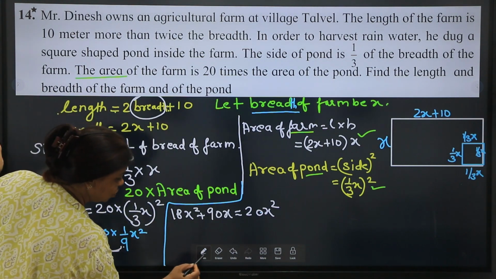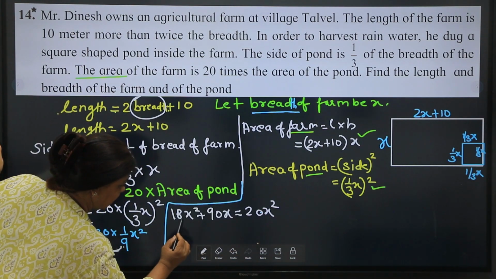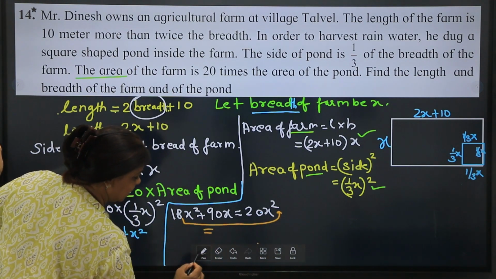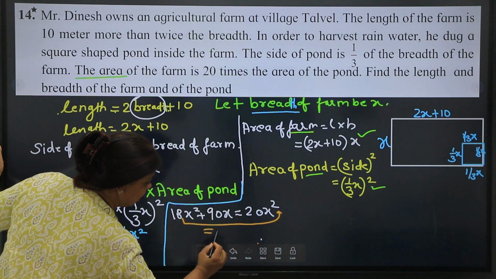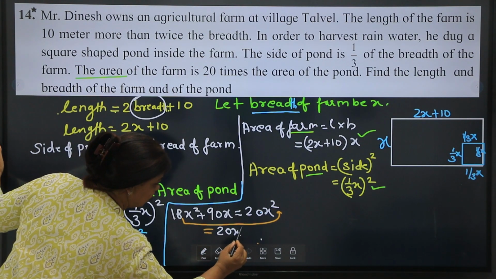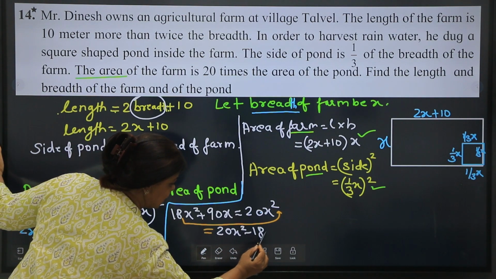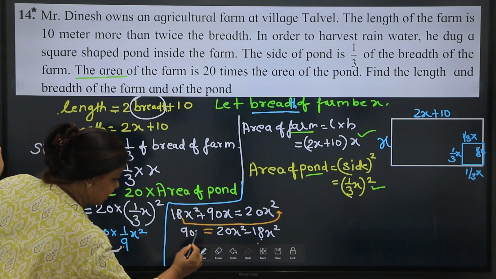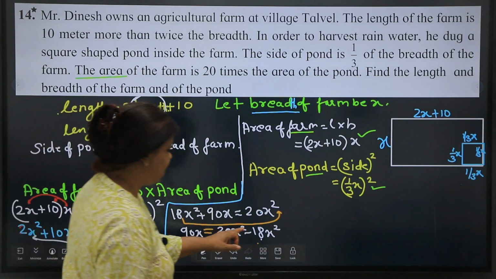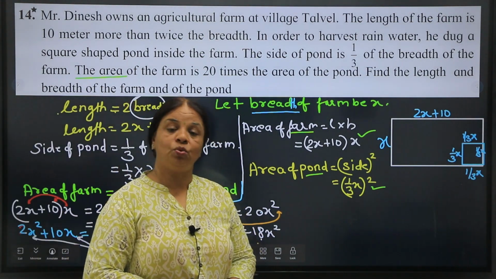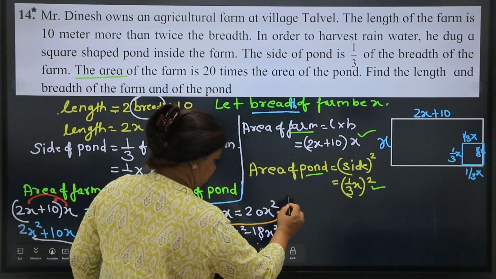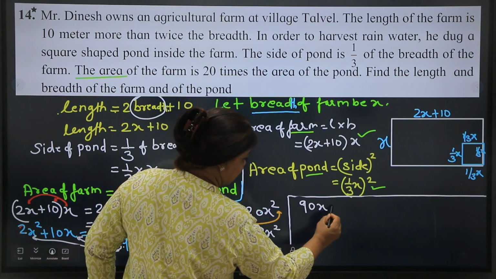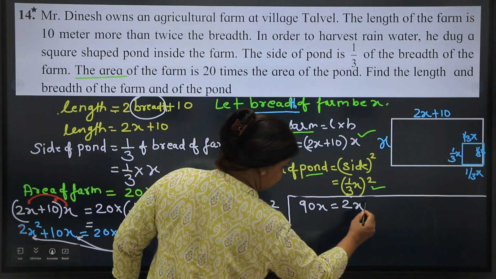Now see, I am going to shift 18x square this side. So I will be getting 20x square minus 18x square is equal to 90x. 20x square minus 18x square will be 2x square. 90x is equal to 2x square.